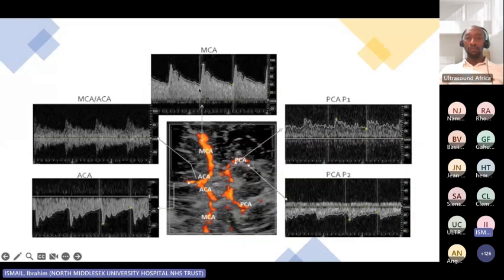So I would take between 3 and 4 measurements of the MCA, at least, because that's the vessel most appropriate for that. And then the ACA is generally 1 or 2. Same thing with the PCA and the ICA. I would take between 3 and 4 measurements of the MCA just to make sure it is well interrogated, and I think it's good practice so we don't miss any high velocities.